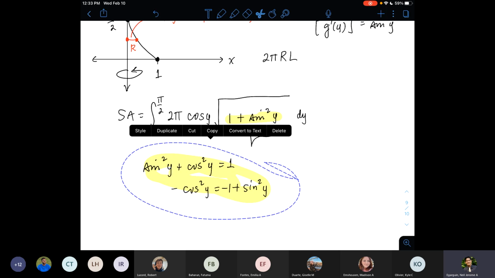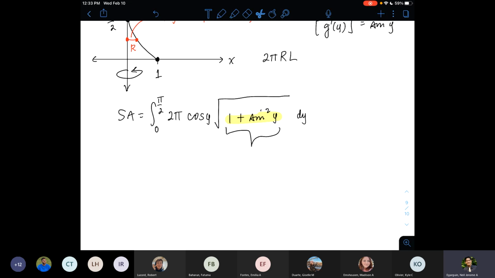So that won't help. Unlike what we had earlier, we had the hyperbolic cosine and the hyperbolic sine. The identity there is a bit different than the Pythagorean identity. That's why we were able to simplify it. I guess U substitution here won't work as well.